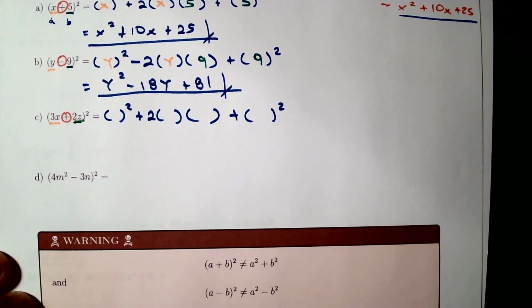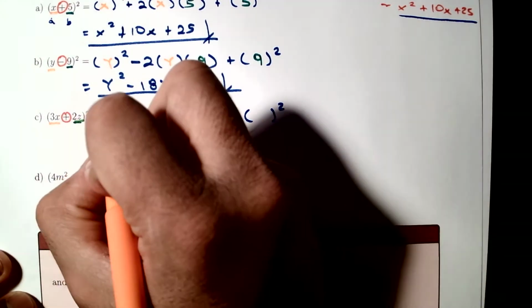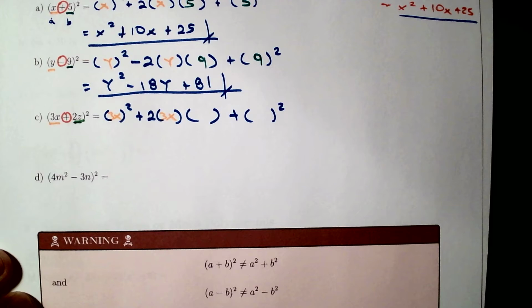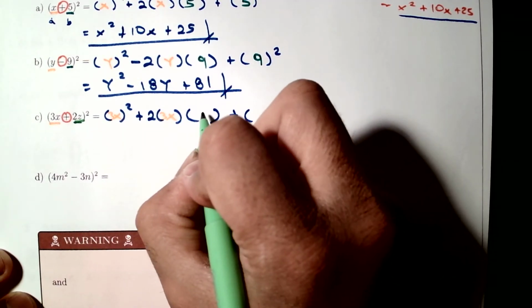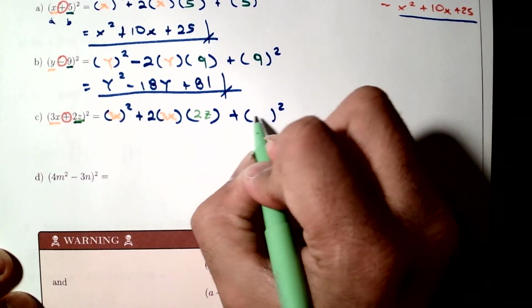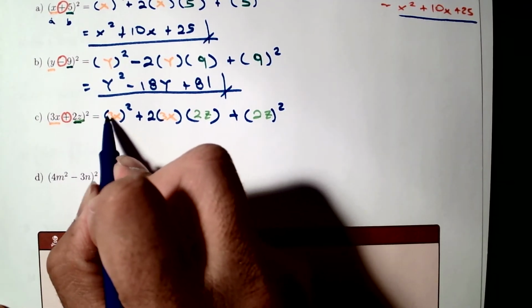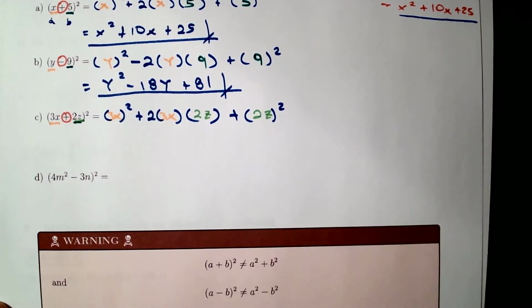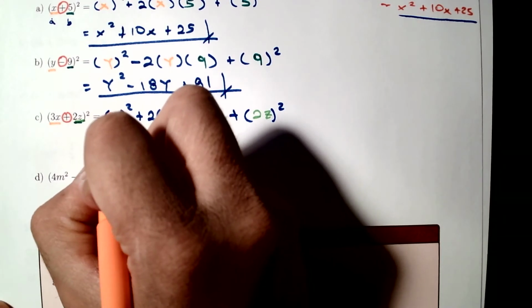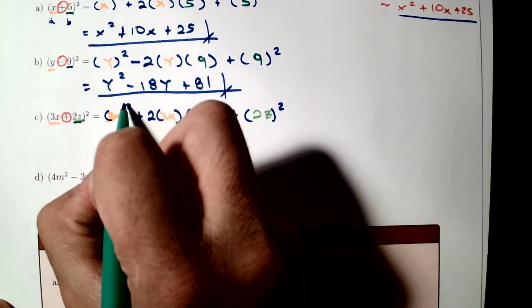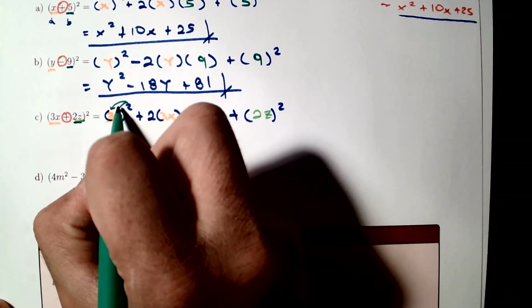So this is 3x. Over here we're gonna have the 2z and 2z. Alright, so in this case, let's square the 3x. Be careful when squaring the 3x. So over here, this power affects both the 3 and the x.